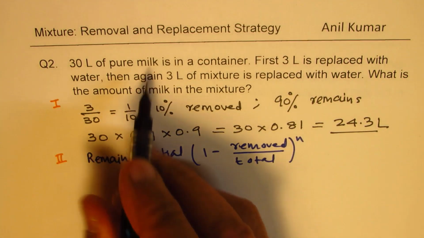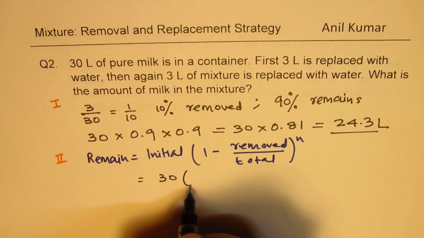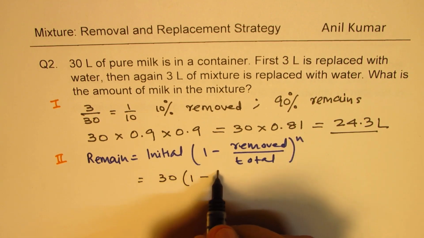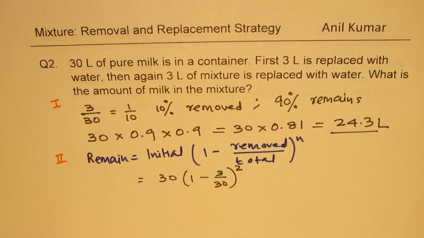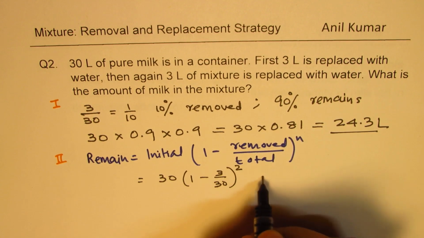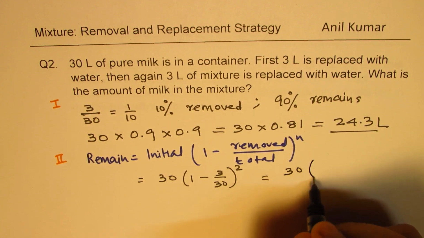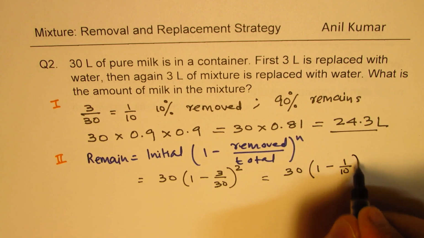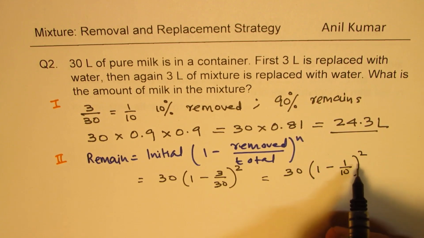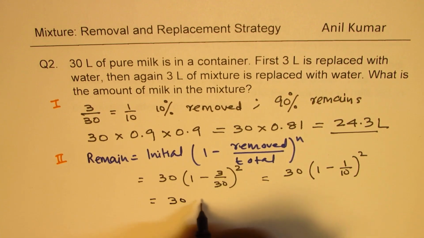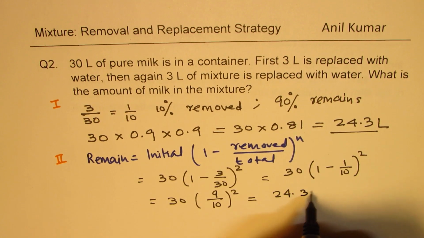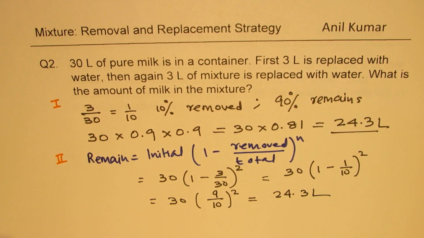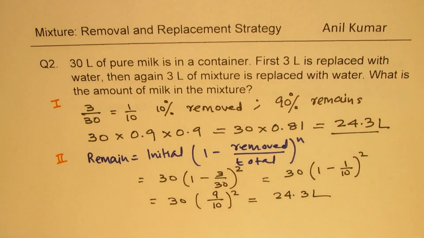We know initial is 30 liters of pure milk, so all 30, times 1 minus removed 3 out of 30, and this has been done 2 times. So 3 out of 30 is the same as 10%, 1 minus 1 over 10, squared, so it is 30 times 9 over 10, which is 0.9 squared, and that again gives you 24.3 liters. Is that clear to you? So any of these methods could be applied.